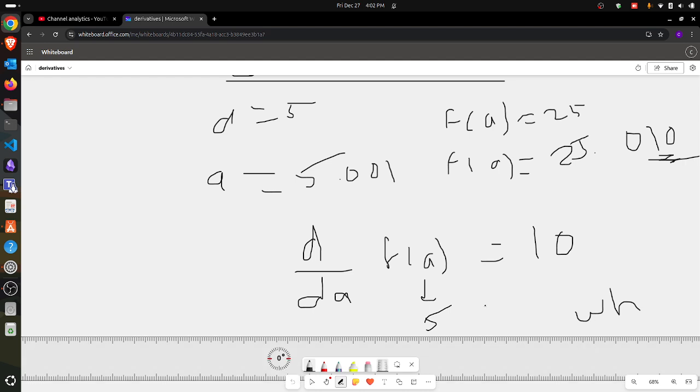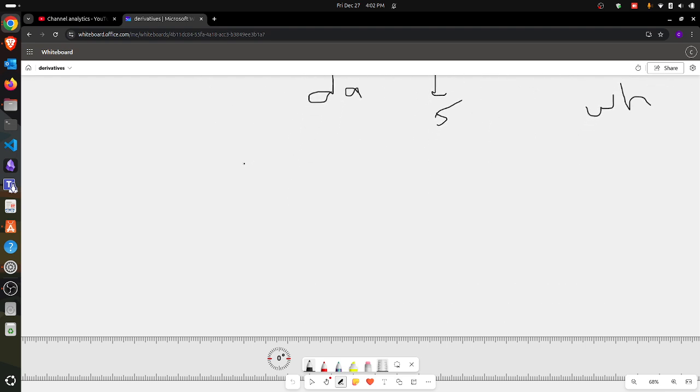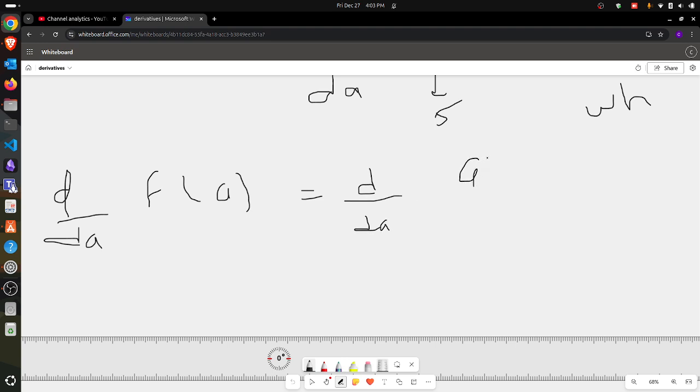Now if you go to any calculus textbook, what you will find is that d by dA of f of a, which is d by dA of a squared, is equal to 2a.